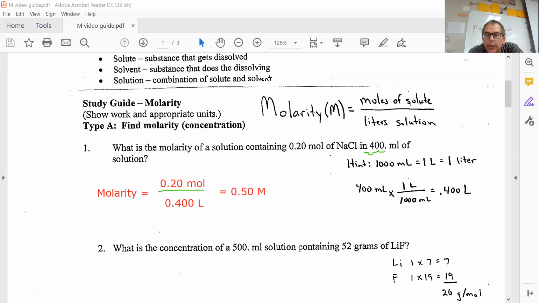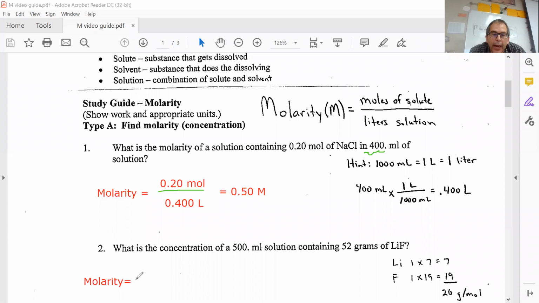Okay, one more example of this is, what is the concentration of a 500 milliliter solution containing 52 grams of LiF? So again, I'm going to do the molarity formula. Molarity equals, oh, I'm given grams. I might have to do a little work to find that. I'm going to do my moles, and I'm going to take care of that first.